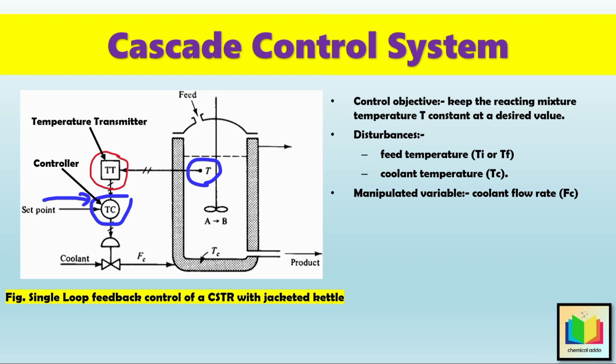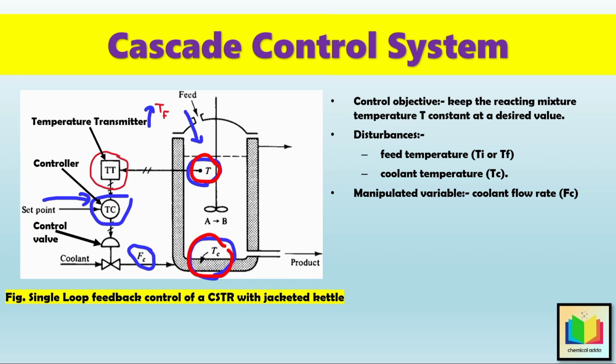Then it adjusts the coolant valve to control the flow rate FC and maintain the jacket temperature. Hence, a single loop feedback control system works well when the temperature TF changes because it affects T immediately and the controller can act quickly.